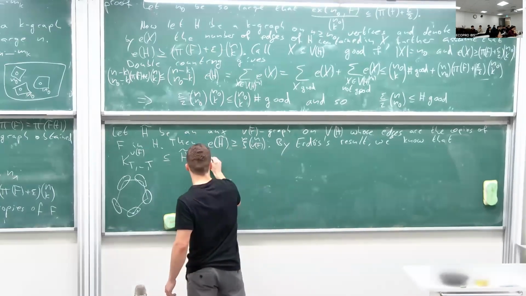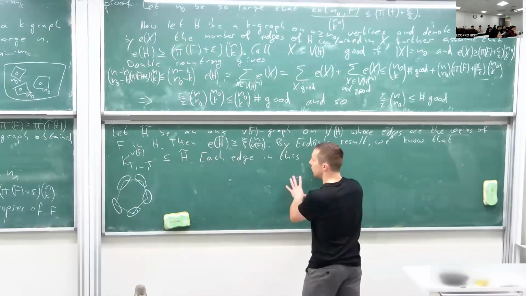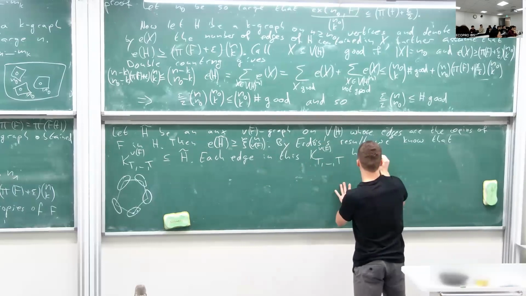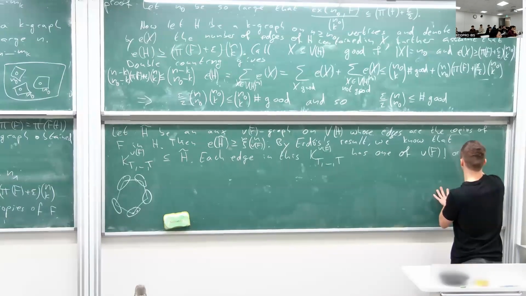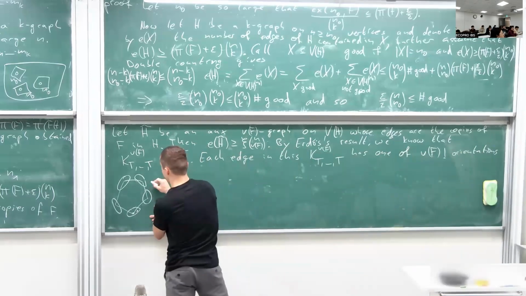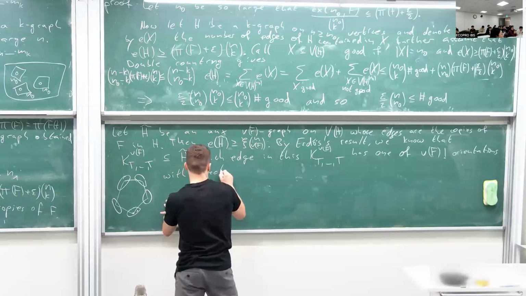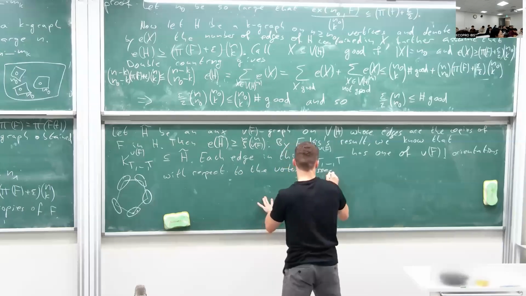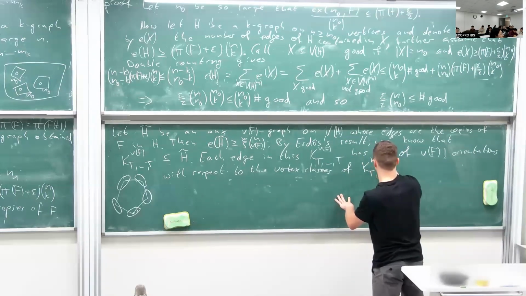So each edge in this complete hypergraph K_T^(v(F)) has one of v(F)! orientations with respect to the vertex classes of this K_T.